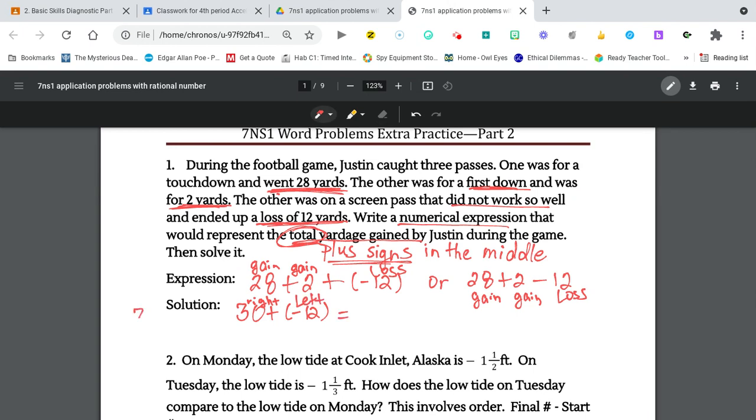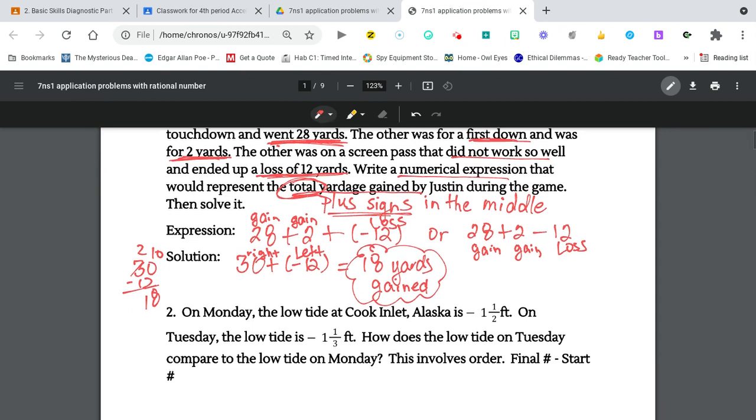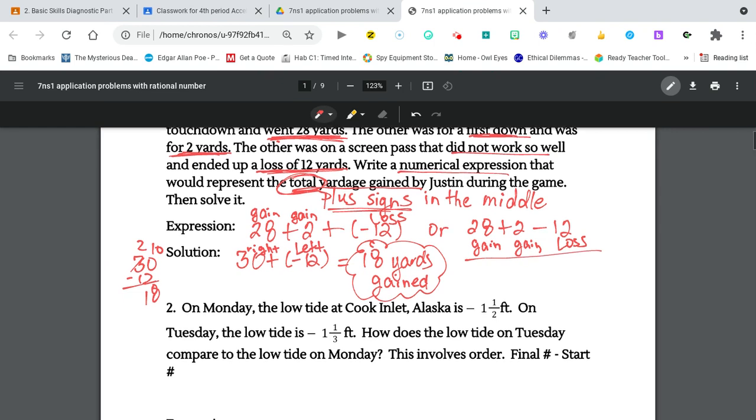So we're going to end up with 30 minus 12. So his total yards gain is 18 yards. That's the total. And even if you work the other expression, you would still get 18 yards gain.